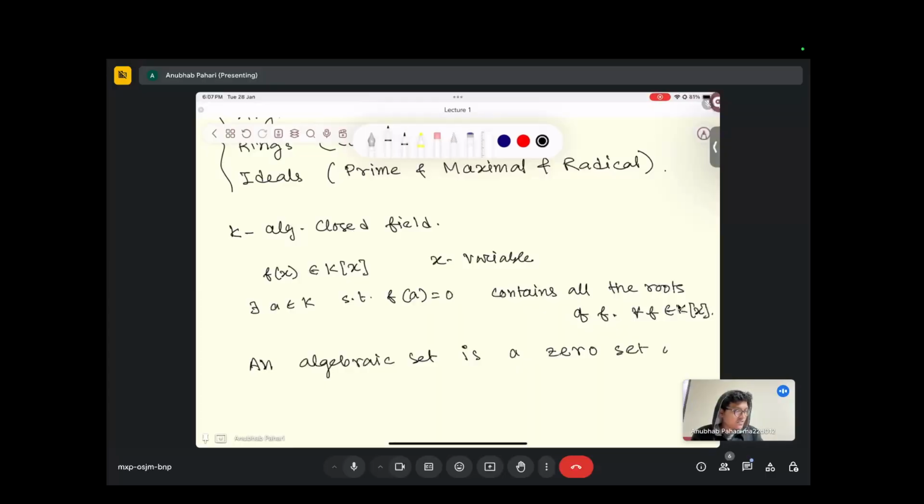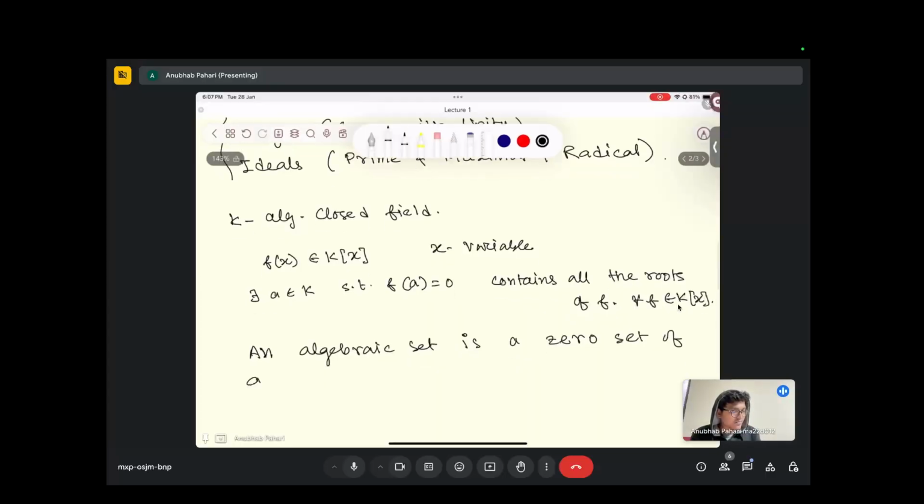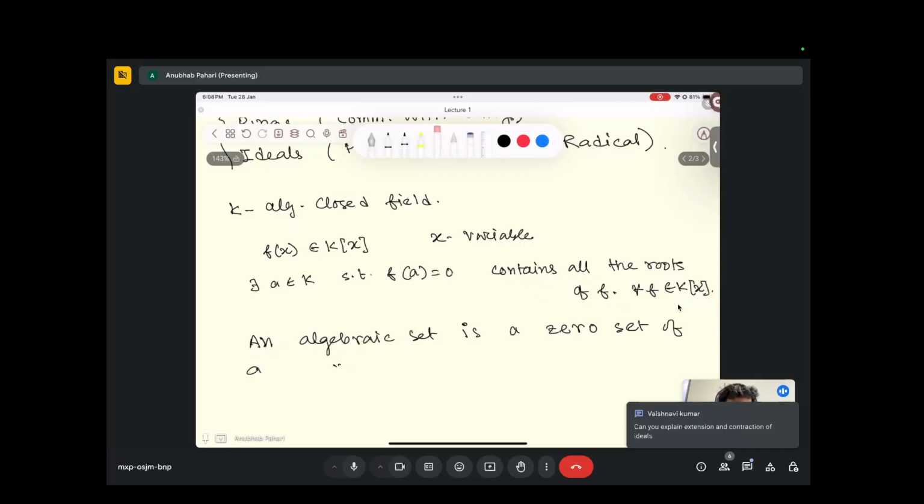I will just follow the syllabus, so I think the professor will explain what extension and contraction are in upcoming classes.